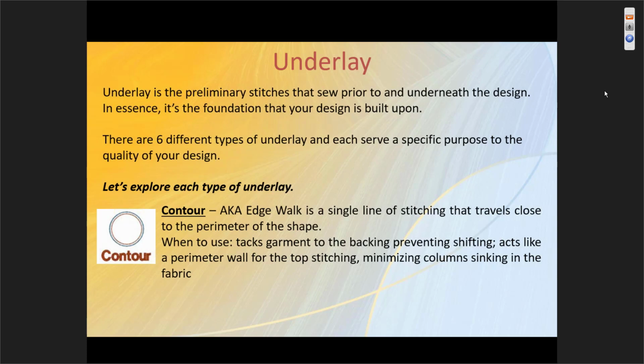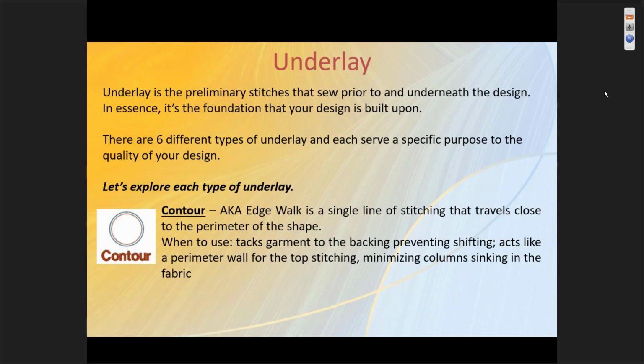So we're going to look at six different types of underlay. The first one we want to look at is contour. That's our most basic underlay, and it's oftentimes combined with other ones. So when you see something combined, oftentimes contour is combined with another underlay type. Our contour is a running stitch.